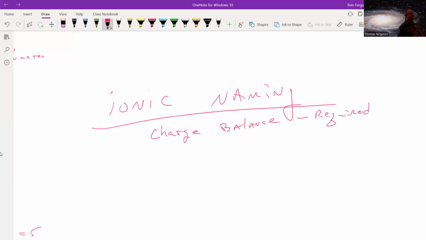No exceptions. What I mean by that is the positives have to equal the negatives so that there's a net charge of 0. So let's look at sodium sulfate.